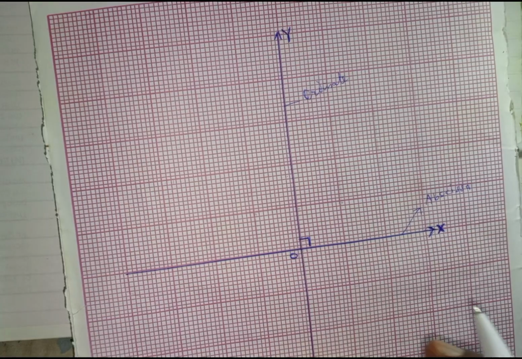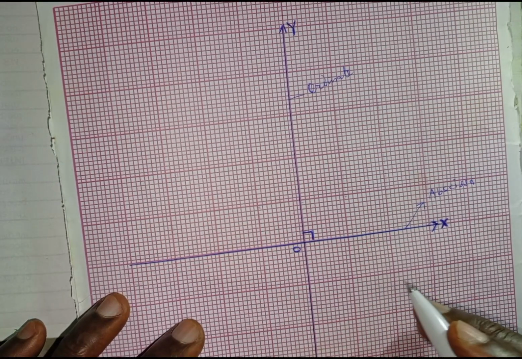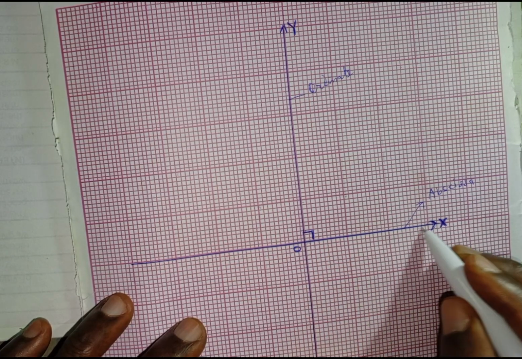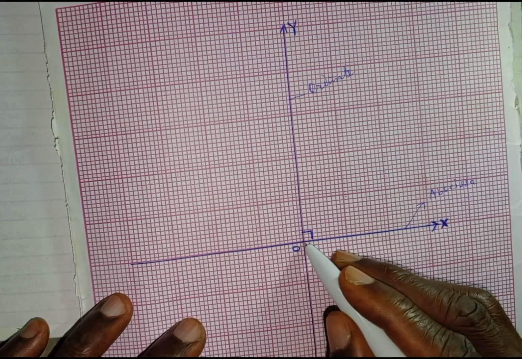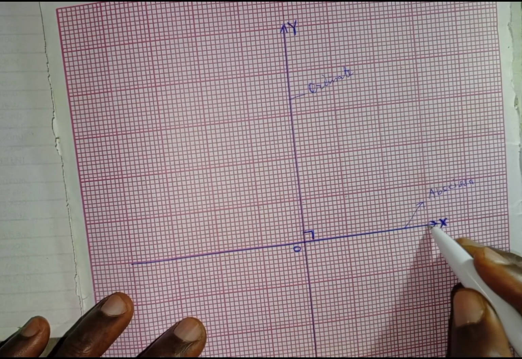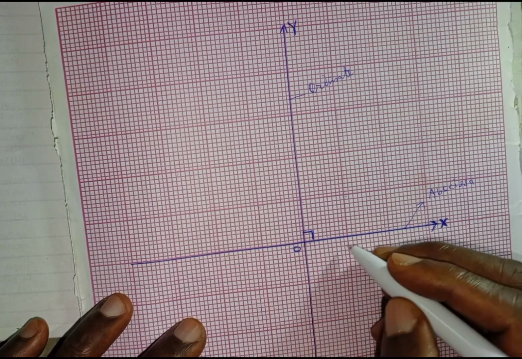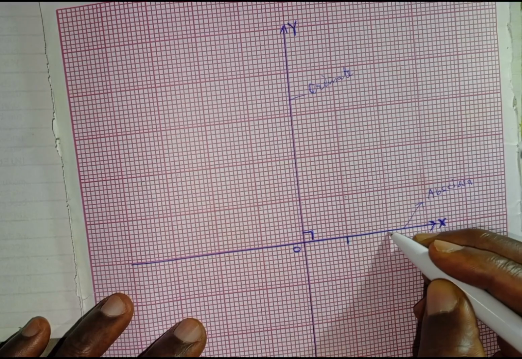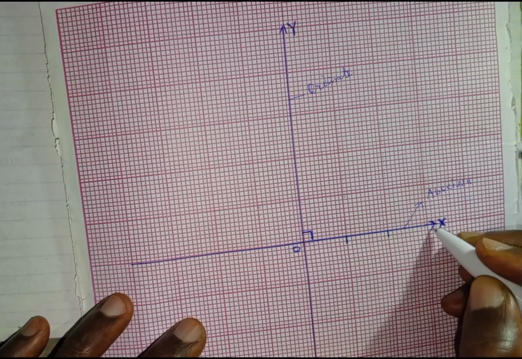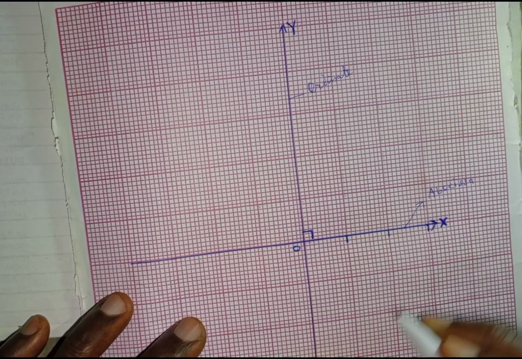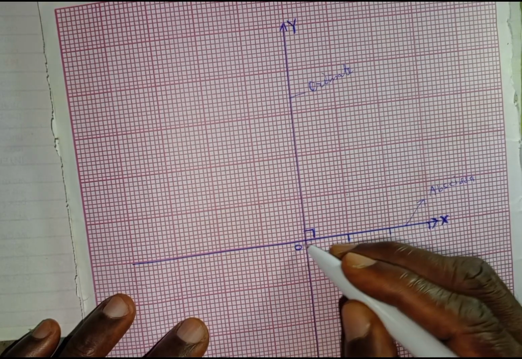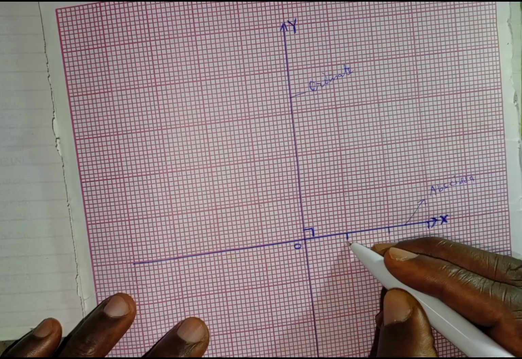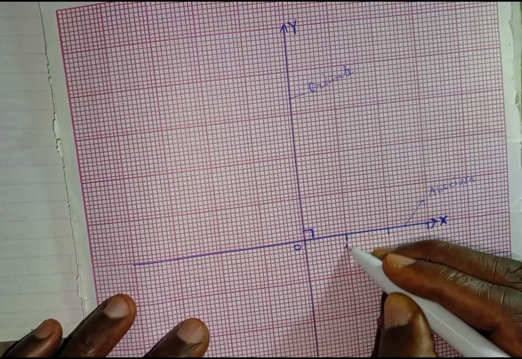Now to get a point, what you do is to mark off the right-hand part of the x-axis from the origin as positive numbers. This one is the origin. Remember, the origin is 0. And this one, we may call 1.